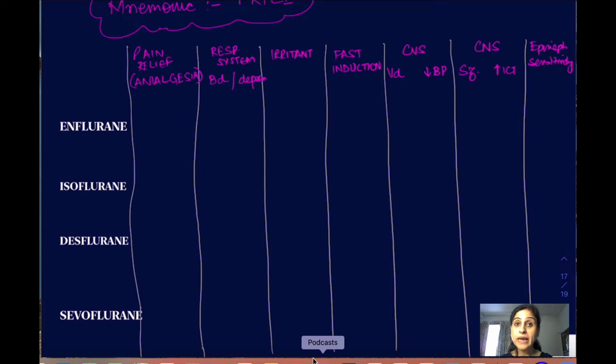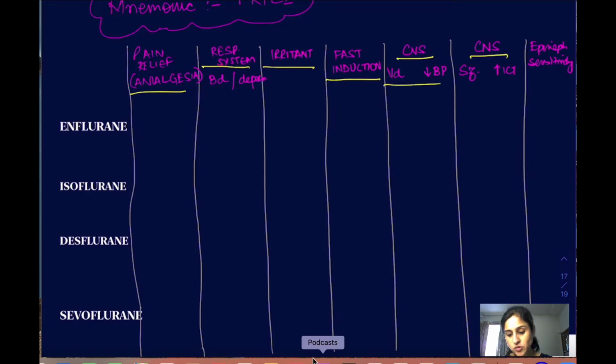P stands for pain relief, which is analgesia. R stands for the effects on the respiratory system, whether they are bronchodilators or respiratory depressants. We have two I's, irritant and induction: whether they are an irritant, or whether they cause faster induction, because that's what you want if you wish to induce. Then C, twice: CVS and central nervous system.